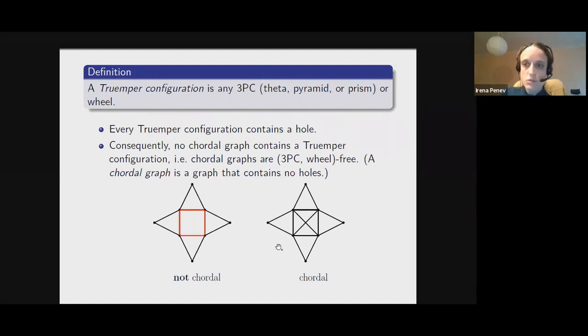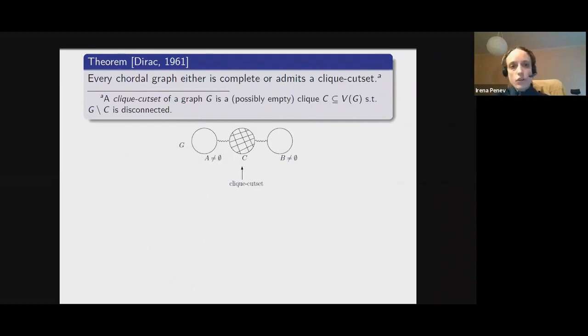So this is something that's chordal. This is not chordal. All chordal graphs, again, if you're a chordal graph, then you do not contain any Truemper configuration.